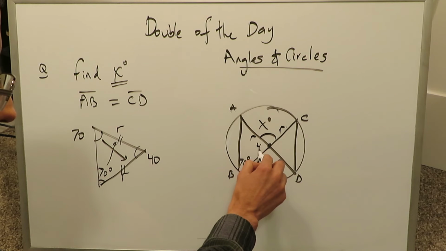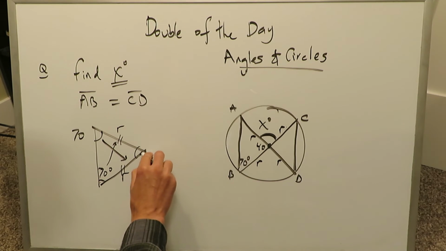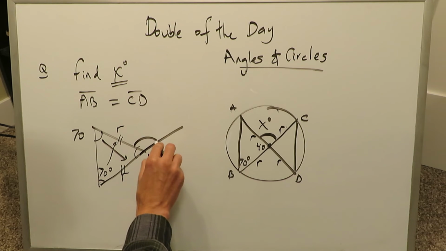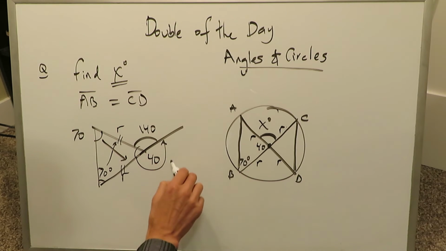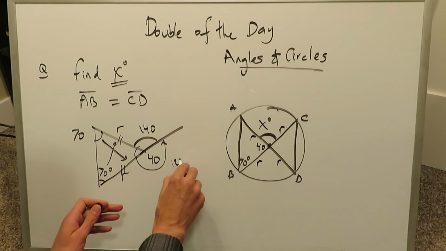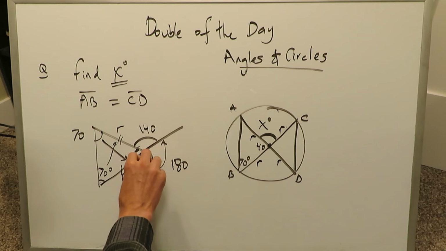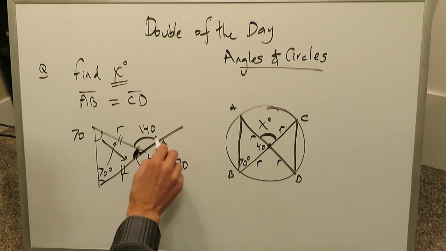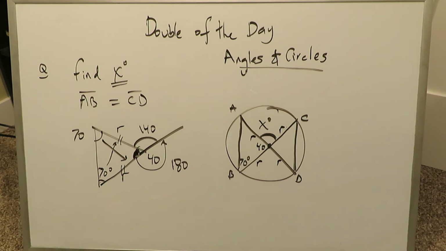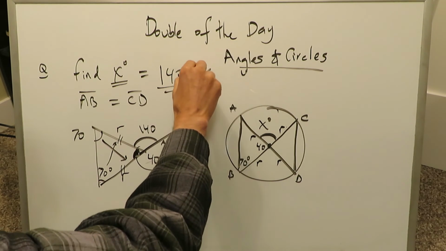If I know now that this is 40, then I know what this right here must be, because I'm looking at a straight line: 40, and therefore this must be 140 to give you a supplementary total of 180 degrees, which is a straight line. So the angle X is 140 degrees, and you would never be wrong with that answer.